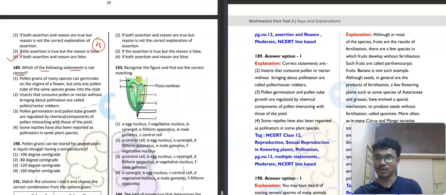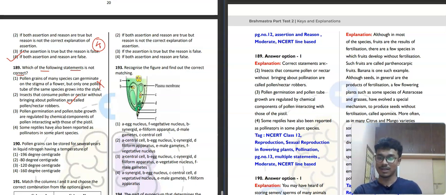Okay. So the first option is saying that pollen grains of many different species can germinate on the stigma of a flower, but only one pollen tube of the same species grows into the style. It is not correct. The next one, insects that consume pollen or nectar without bringing about pollination are called pollen or nectar robbers. Yes, it is absolutely correct. You can also see the example of that, bumblebees.